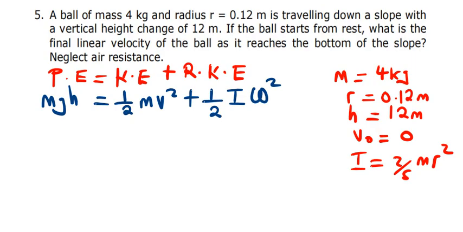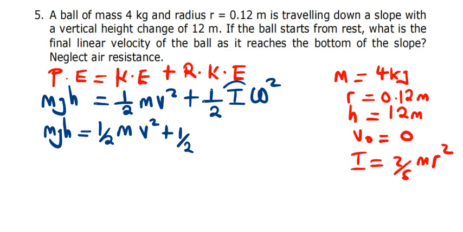Let's solve this. If I replace some of the things here, I'm going to have mgh equals half mv squared plus half, and we said our moment of inertia is equal to that, so I'm going to replace it there.